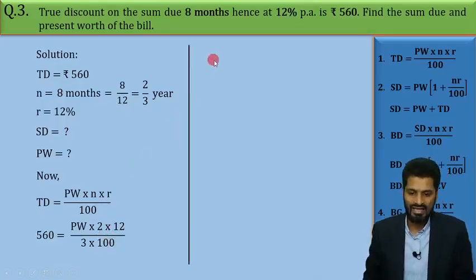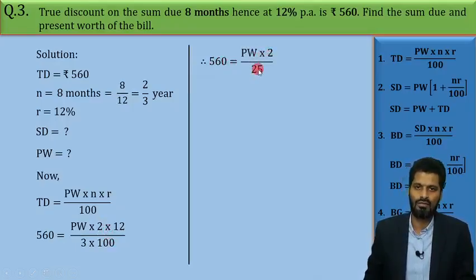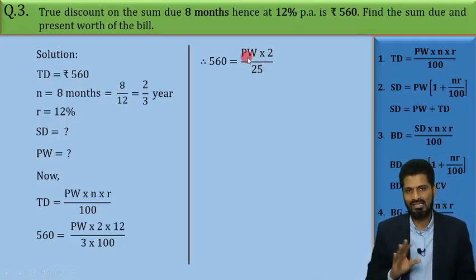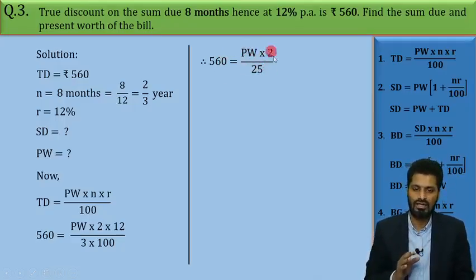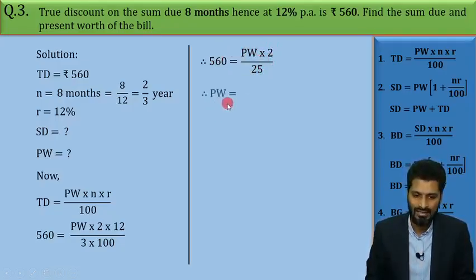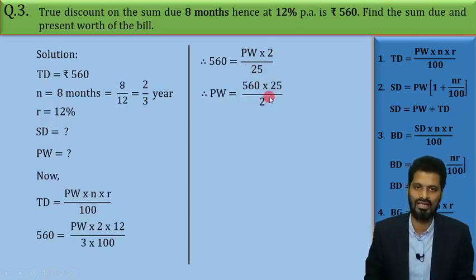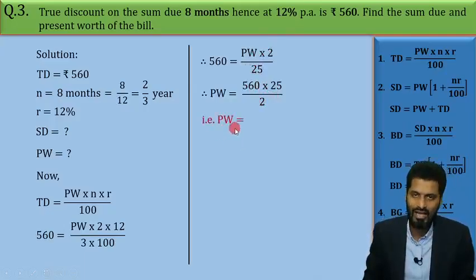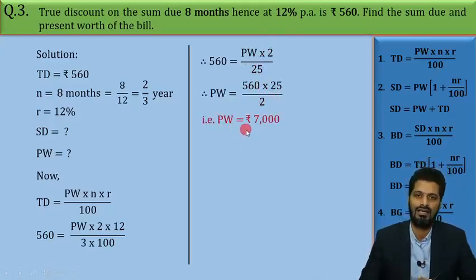Now further simplifying this, we get 560 equals PW into 2 by 25. Now we have to find present worth, so if we rearrange this equation, we get PW equals 560 multiplied by 25 whole divided by 2, correct? And simplifying this further, we get present worth value as rupees 7,000.